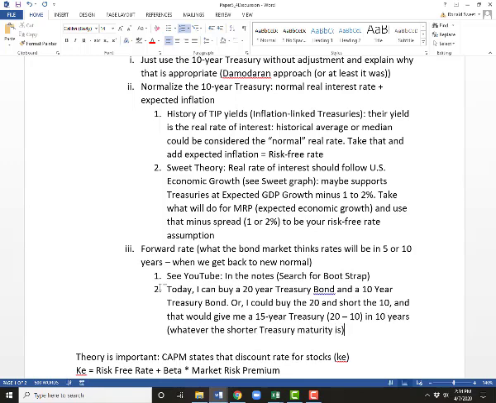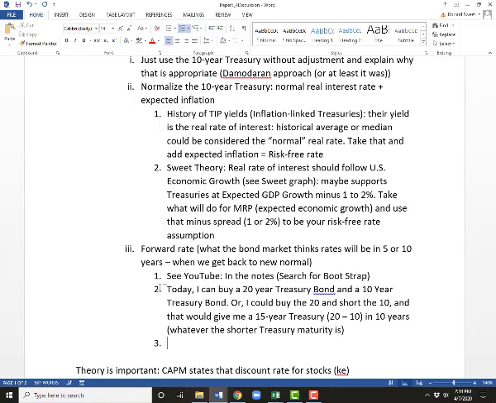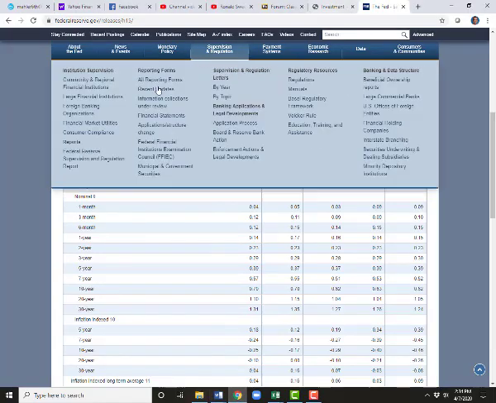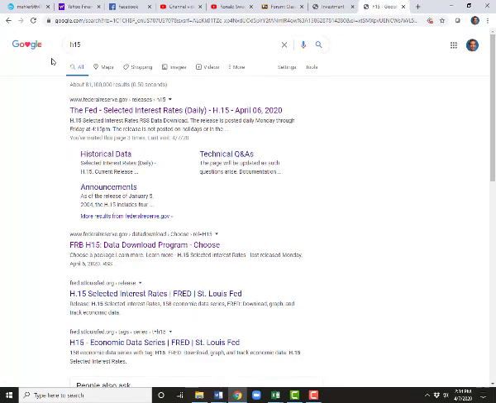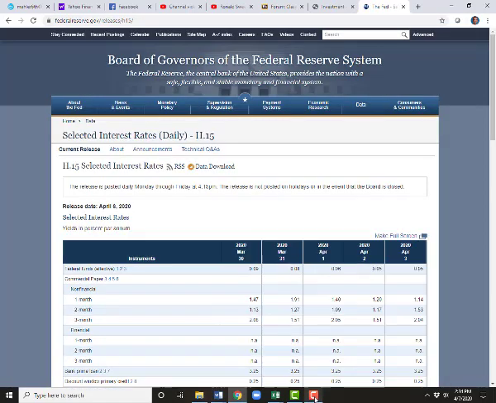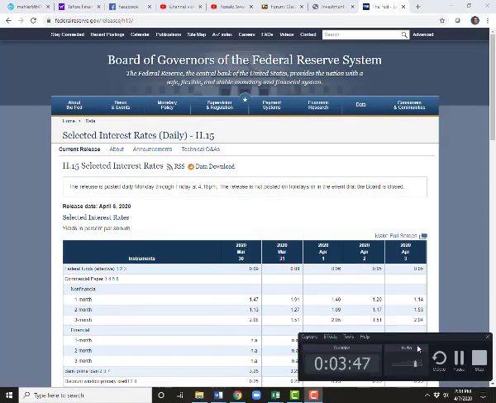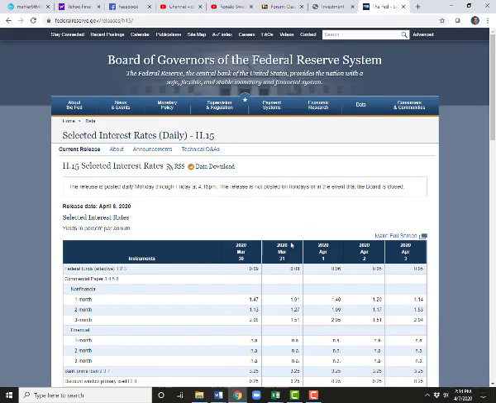If I do that, you can look in the notes how to do it, but I'll just show you. If I go into Google and just type H15, at least for me, it brings up the St. Louis Federal Reserve. If I click on that, it gives me interest rates.